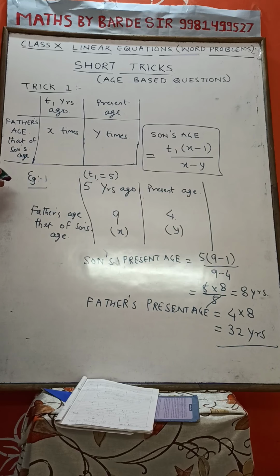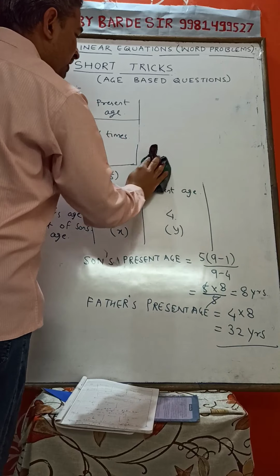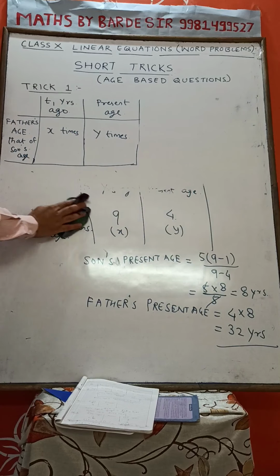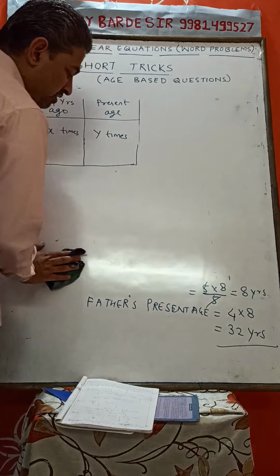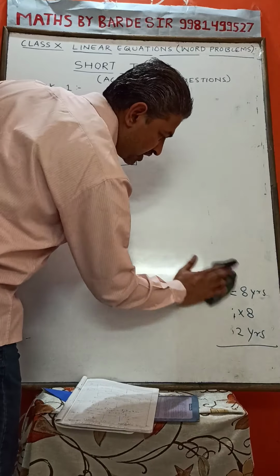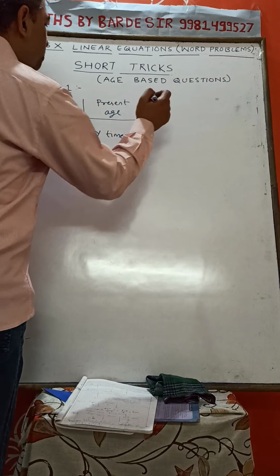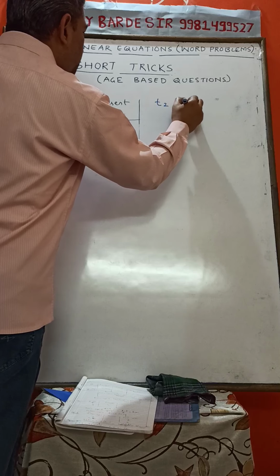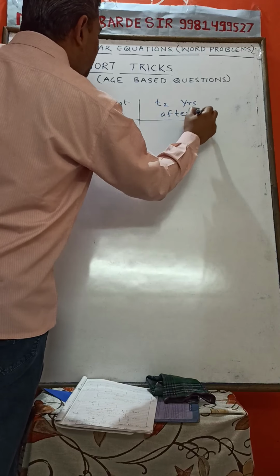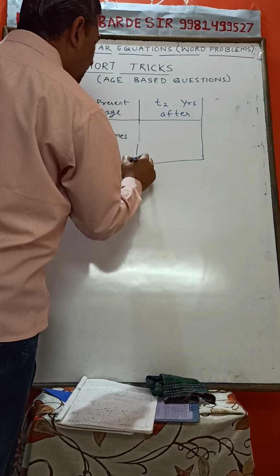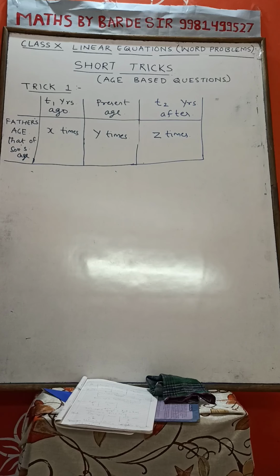Now if it is given here, this was the relation between present age and age T1 years ago. Now if it is T2 years after, and father's age is, suppose, Z times.